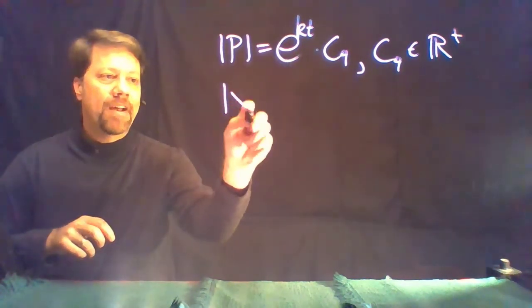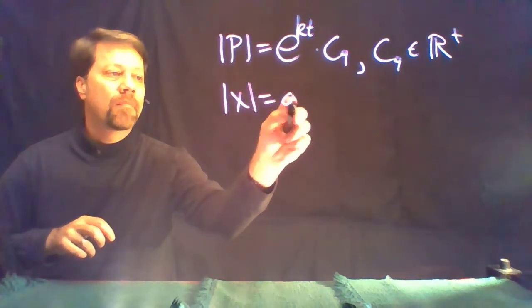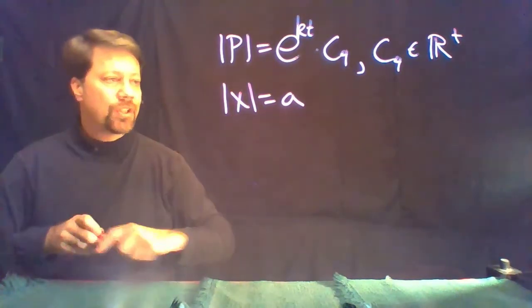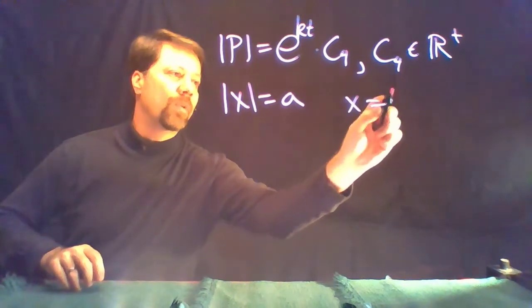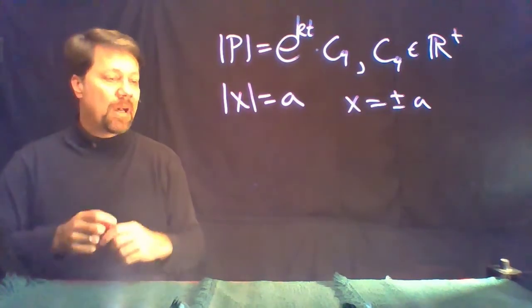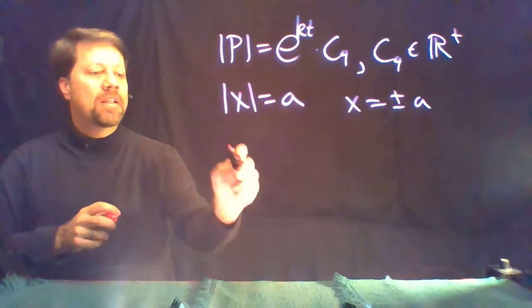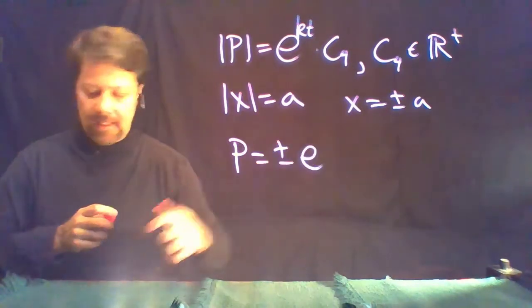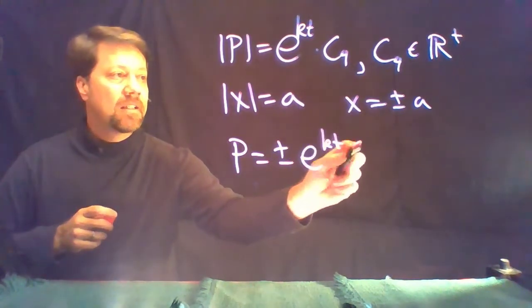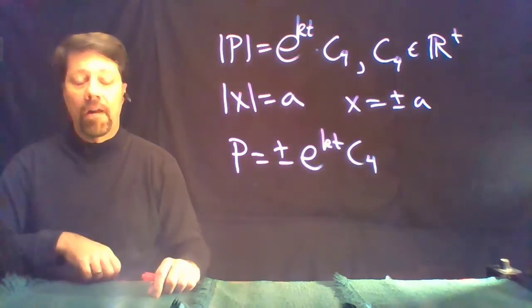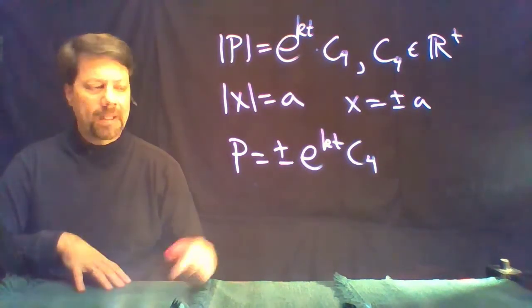To solve an absolute value equation, provided a is positive, the solution is x equals plus or minus a, both positive and negative values. So for us, p is plus or minus e to the kt times c4. We could write the c4 in the front because of the commutative law of multiplication.